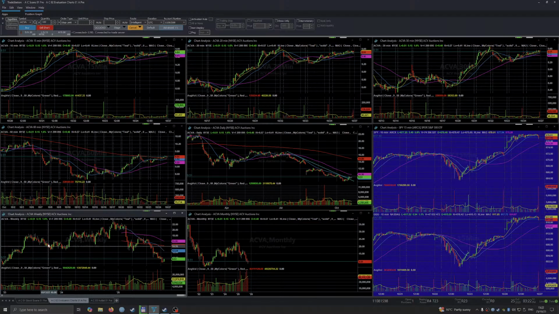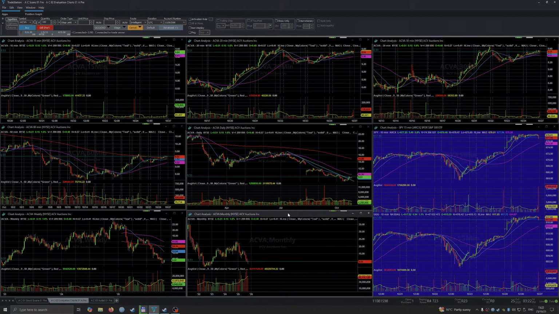But that's essentially what these other charts are for. So I can have a much longer time frame and see what happened in the past. You can see on the monthly chart, where each bar represents a month, that on its way up it couldn't really get past the $10 mark.